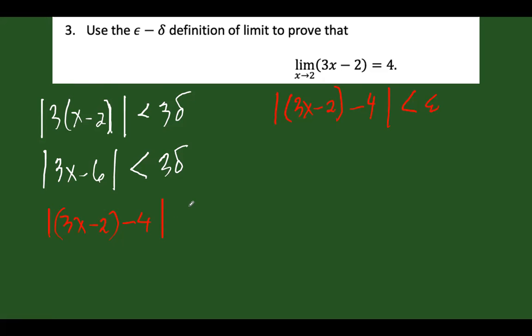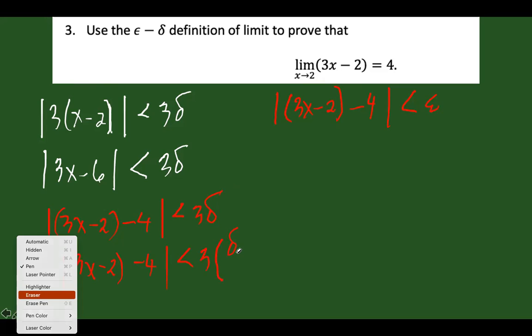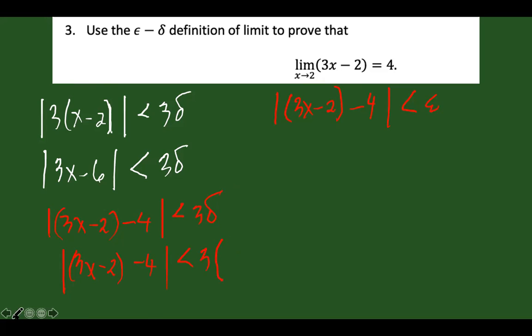All right, so we have 3 delta. Let's copy the absolute value of 3x minus 2 minus 4 is less than 3 delta. And again, we want to express this in terms of epsilon. And we know that delta is equal to epsilon over 3, right?